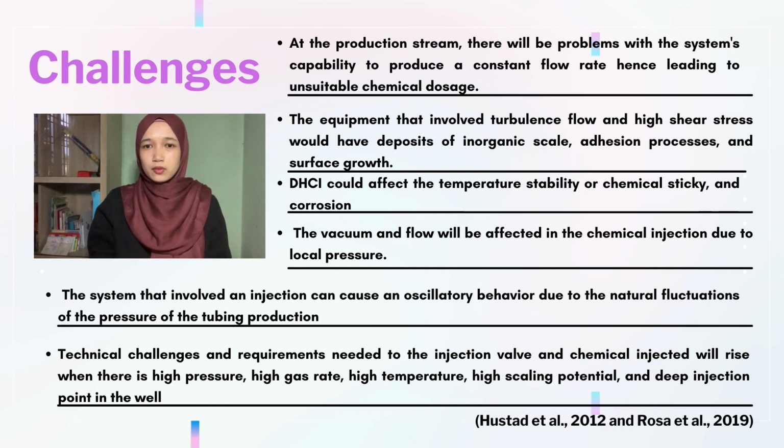The vacuum and flow will be affected in the chemical injection due to local pressure. Next, a system that involves injection can cause oscillatory behavior due to the natural fluctuations of the pressure of the tubing production. The last one is the technical challenge and requirement for the injection valve and chemical injector, which will arise when there is high pressure, high gas rate, high temperature, high scaling potential, and a deep injection point into the well.